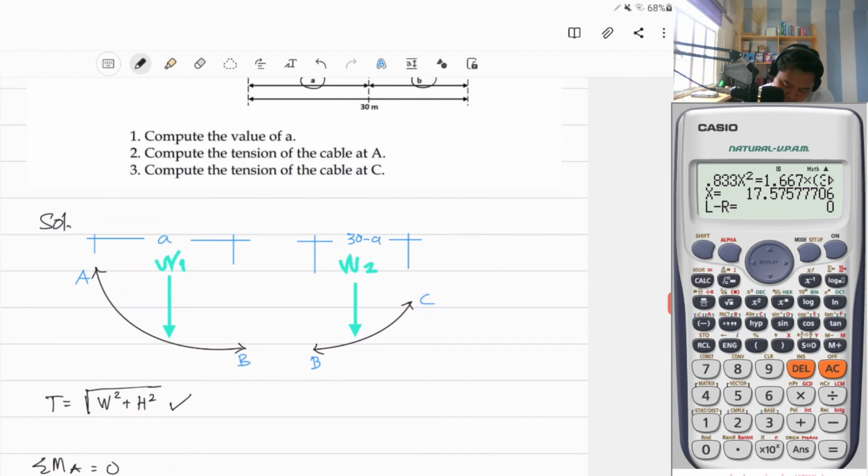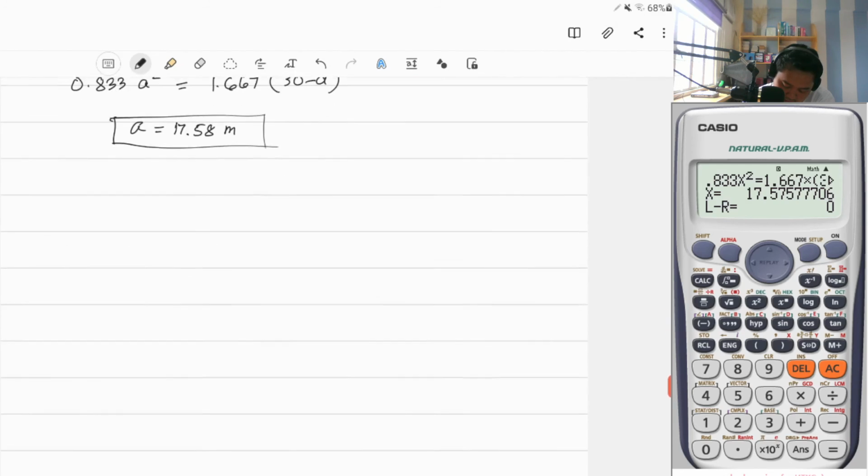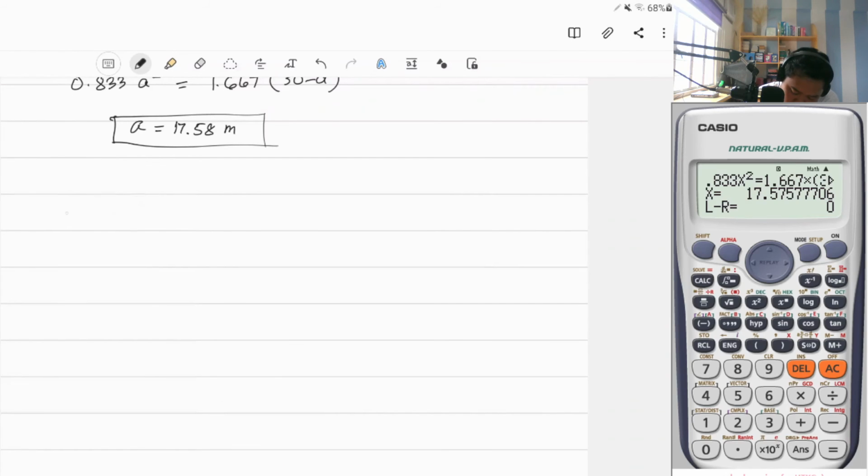For question number 2, compute the tension of the cable at A. So the tension of the cable at A, we have to use this. TA equals the square root of W1 squared plus H squared. So what is W1?